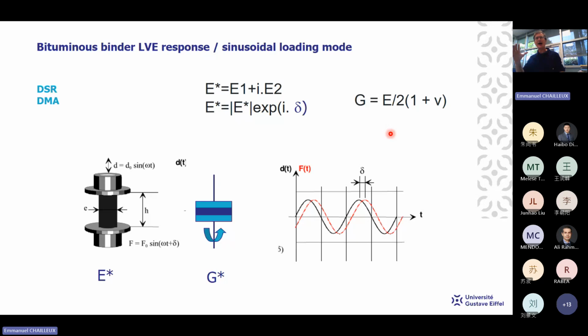So it means in the high temperature domain, we have a very simple relationship between the complex modulus and the shear modulus. In this case, the tension-compression modulus E is 3 times the shear modulus, which is not verified in the low temperature domain. So if you want, we can come back to this. There are lots of publications on it.